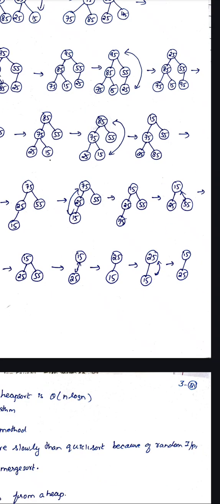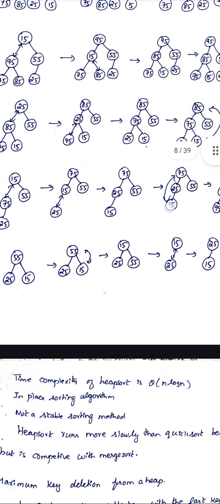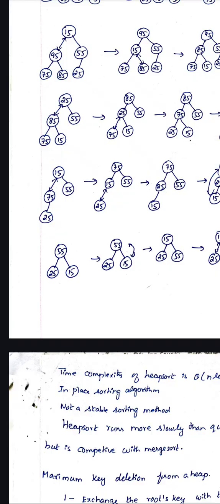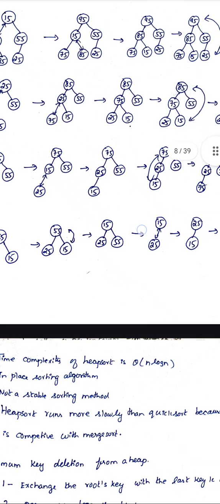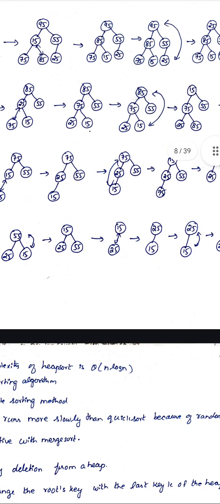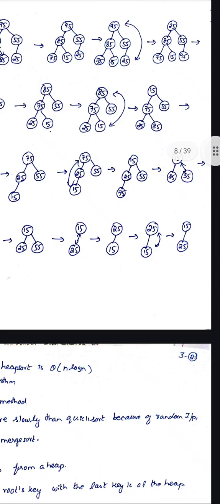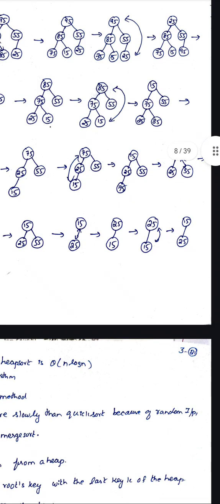After swapping we have this, and 85 is deleted, and in this 15 and 75 are compared, then swapped. Then 15 and 25 are compared, then swapped. Then at the next step we have the root node as 75 and the bottommost node as 15, that is 75 and 15 are swapped and again the root node is removed.